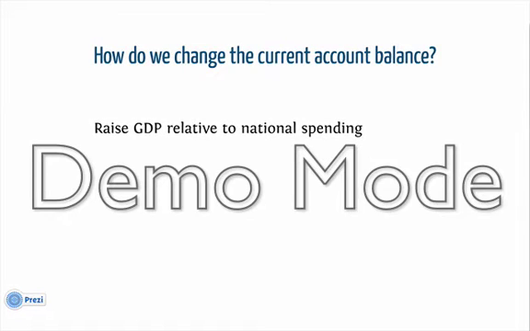Well, there's two ways. First is to raise GDP relative to national spending, and the second is to increase saving relative to domestic investment. Just on the first point, there's a few different ways this can happen.